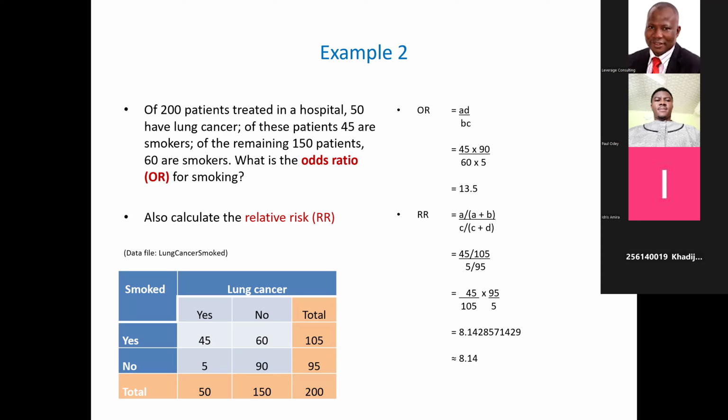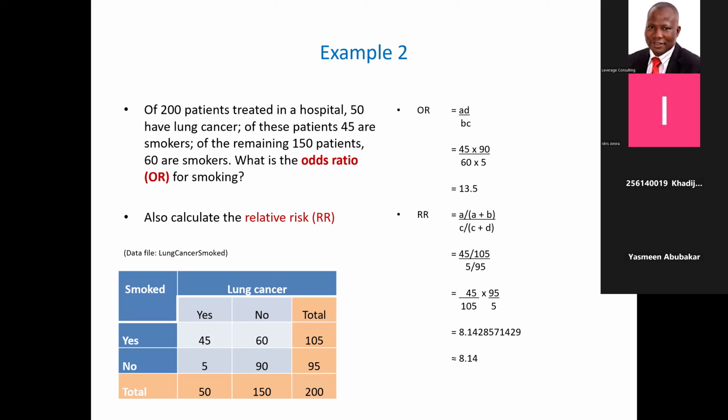So if 60 are smokers, you know 150 minus 60, the remaining will be 90. So the first question will say, draw a 2x2 contingency table to show the scenario. That one has its own mark.